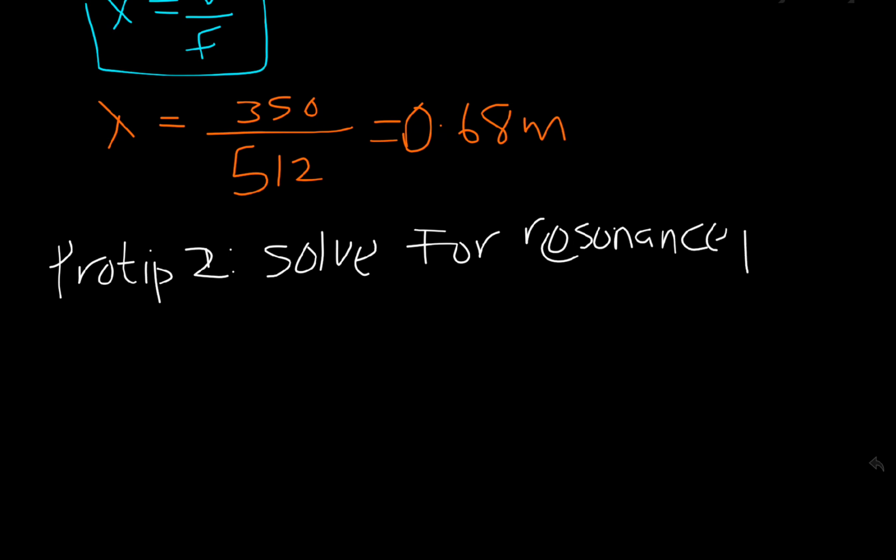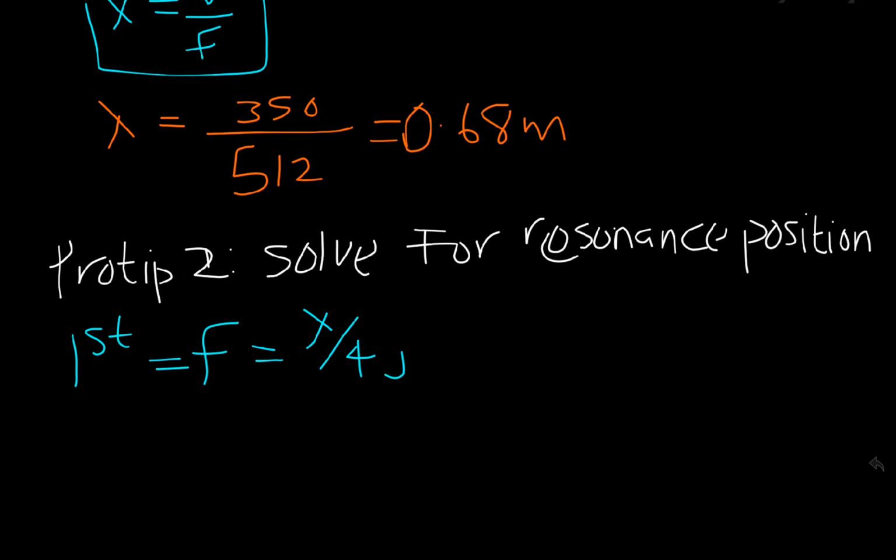The formula that we would use is, for the first resonance, F naught equals lambda over 4.